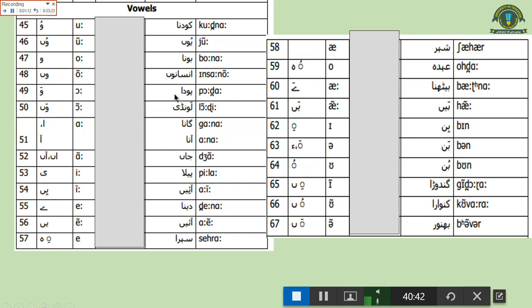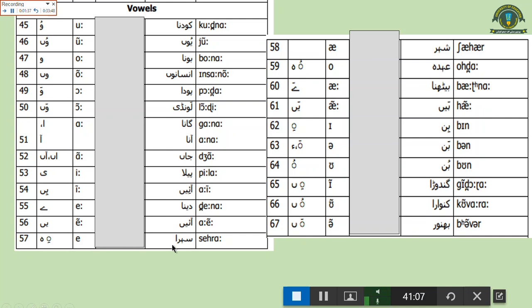Now you can clearly see that these are pronounced from the nasal tract. Then o as in poda, then o as in londi. So this is again nasalized. So look at all of these, you can pronounce better than me. Dena and I both are same, just the difference is nasality. This one is nasal and this one is oral.